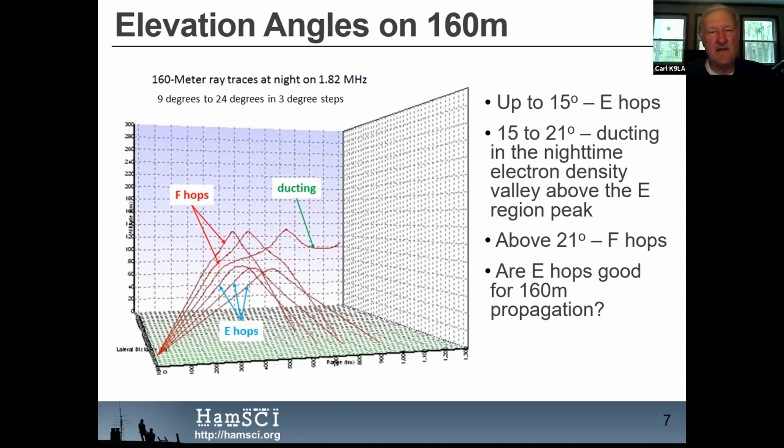We'll talk about that a little bit later. And above 21, we resort to FHOPs. Now, one thing I've always wondered about is whether EHOPs are good for 160 meter propagation. I think if you live near salt water, they might be good, but other than that, I'm not too sure.